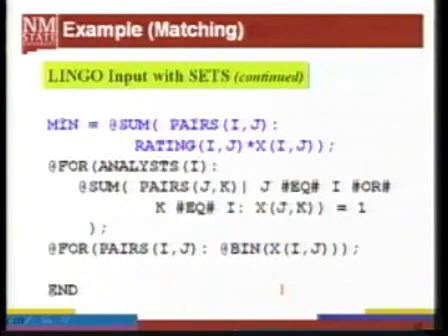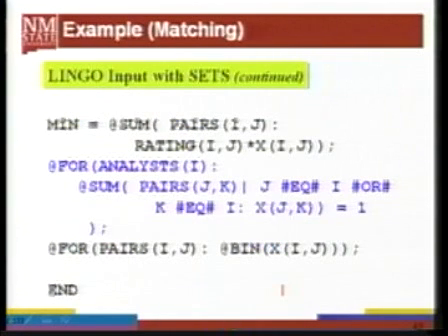And our objective is to minimize the sum of the incompatibility ratings of all the final pairs, right? This is just the inner product of the ratings and X attribute, right? Pretty easy. And I said, for this problem, we have only one class of constraints, right? That is, for each analyst, the analyst is paired with exactly one other analyst, right?